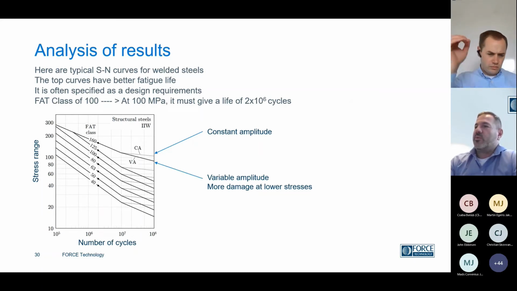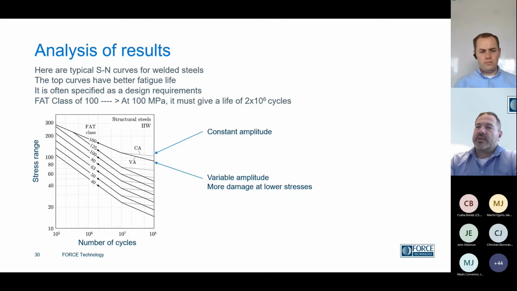Now, what those numbers mean, if we look here, we see 40 to 160. So the higher you go, the top curves have a better fatigue life. And if the requirements are a lot more stringent, then you want a better fatigue life. So you'll be asked to produce something that is towards the top.